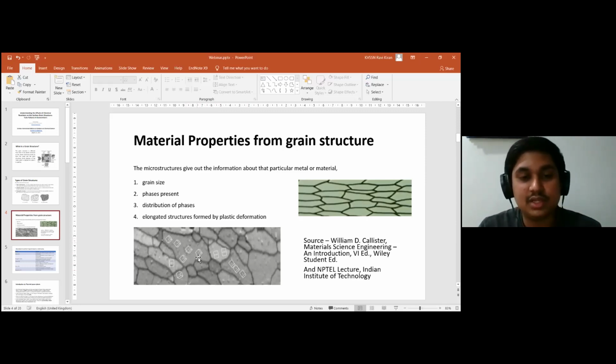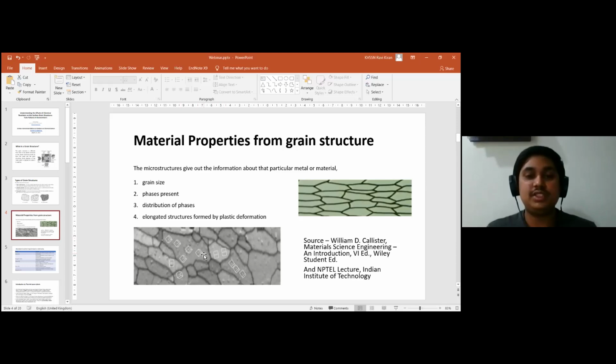For example, if we are talking about ferrite or pearlite that will be present in these grain structures, ferrites will have a different kind of unit cell orientation, and pearlites have a different one. So these are the phases present, and the distribution of it. As I told earlier, based on the requirement, or based on its manufacturability, these grain structures tend to vary.